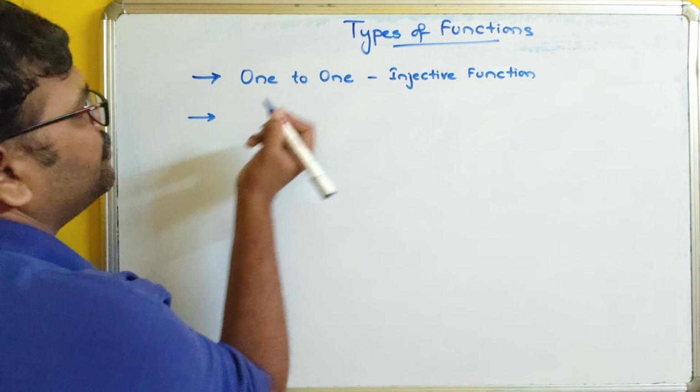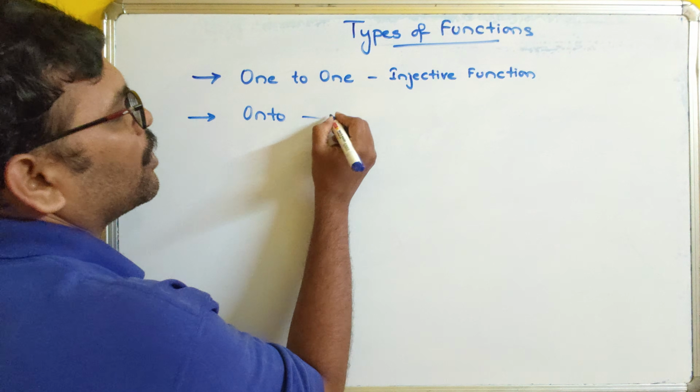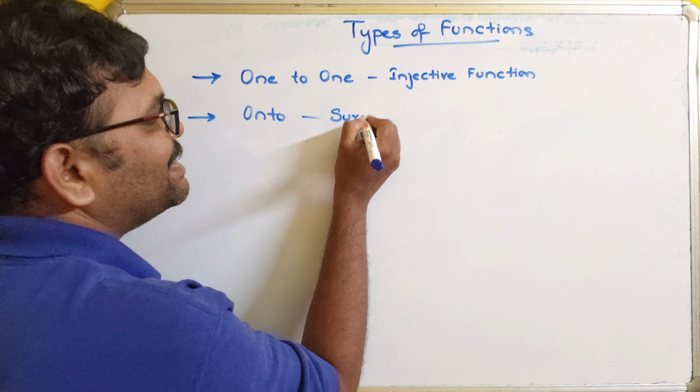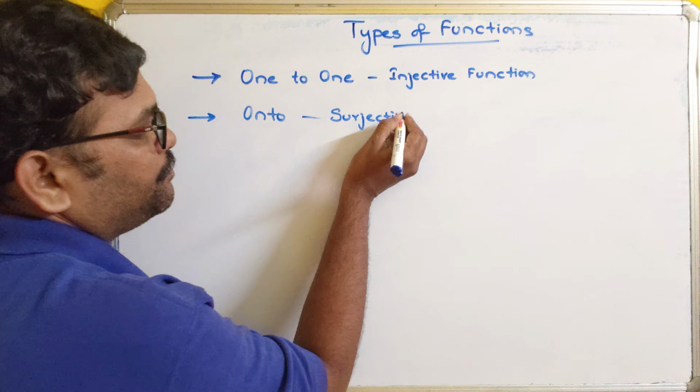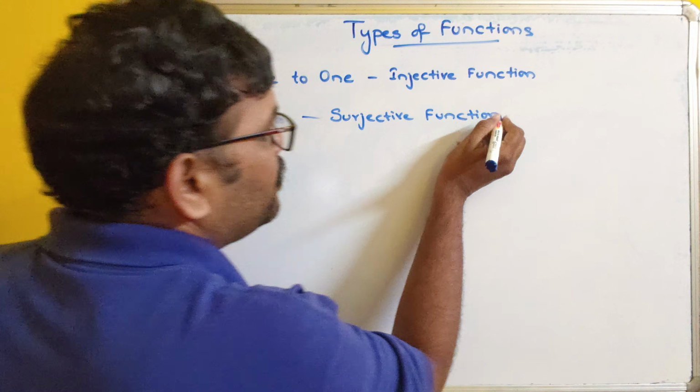And the second one, onto function, which is also called surjective function.